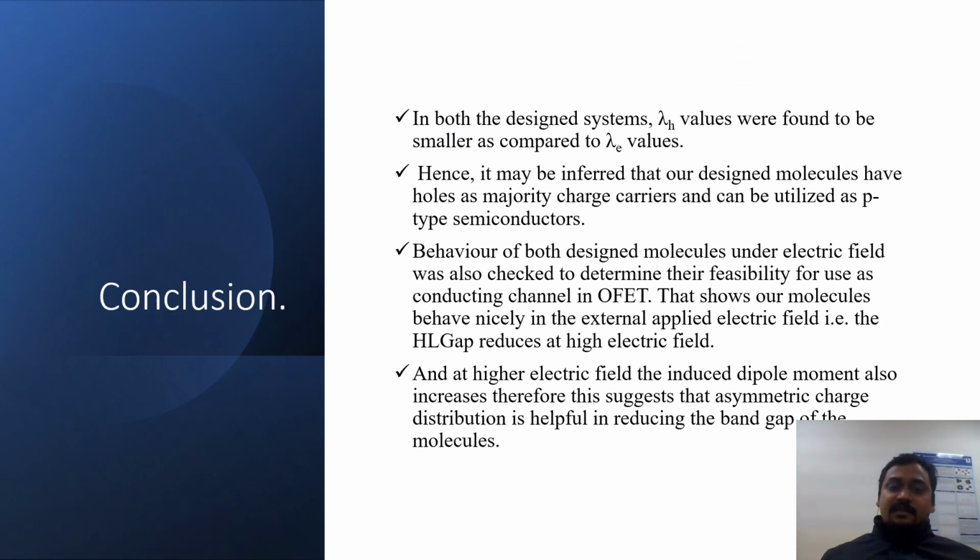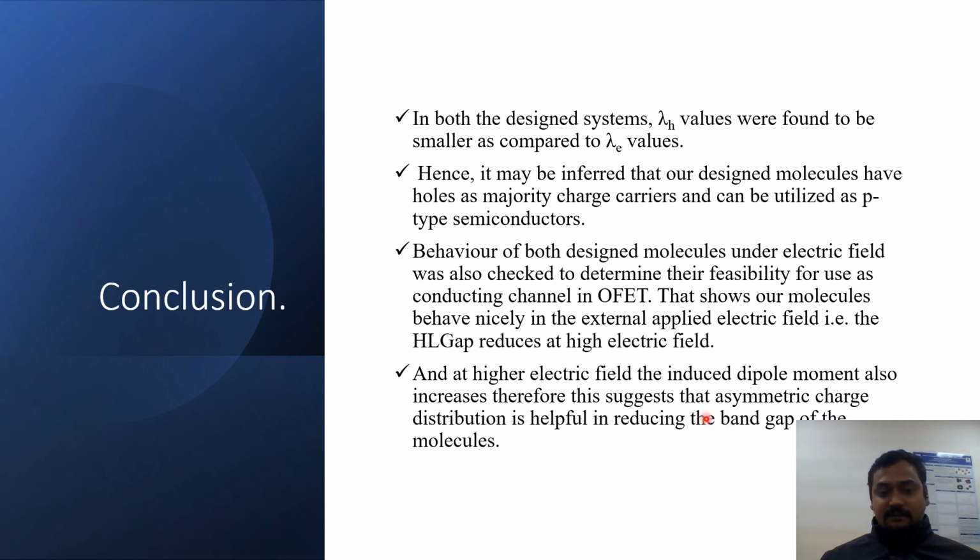In conclusion, the lambda h values were very important to define the nature of the charge carriers. The hole reorganization energy is smaller compared to the reorganization energy of the electrons. Therefore, holes will move faster than electrons as charge carriers, and this could be utilized as a p-type channel for organic field effect transistors.